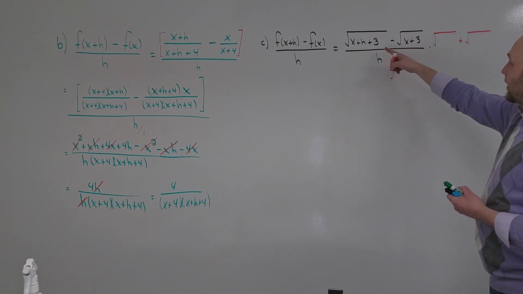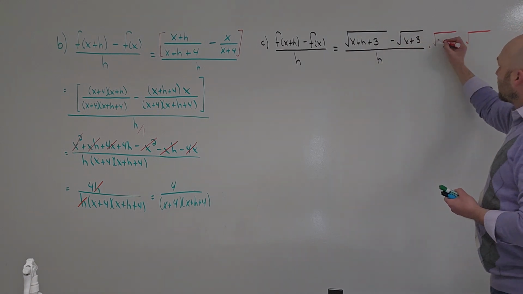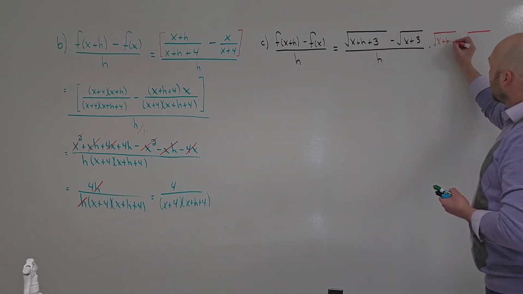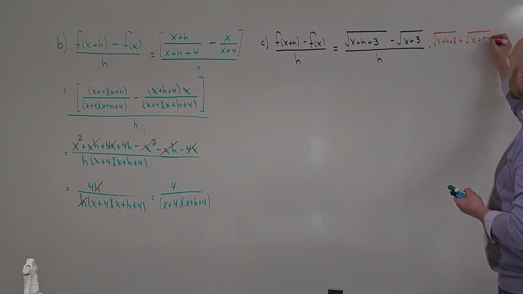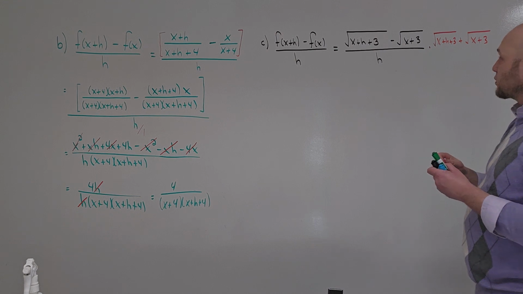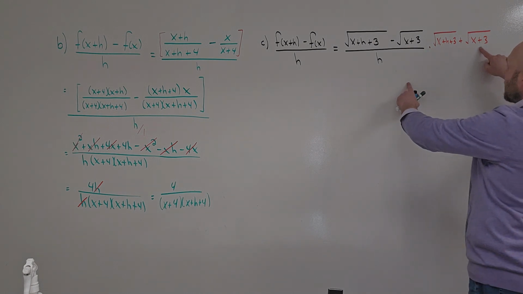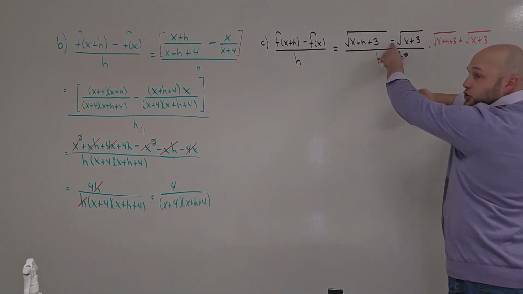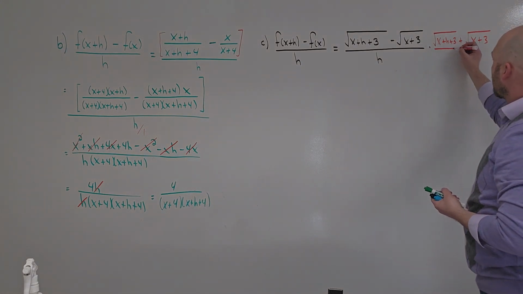The conjugate is this expression, where I just change the sign in the middle. That would give me the square root of x plus h plus 3, plus the square root of x plus 3. My apologies if that's hard to read, I should have started a little farther over. This is the same thing as the black expression, I just changed the sign in the middle. And of course, if I do that to the top, I have to do the same thing to the bottom.